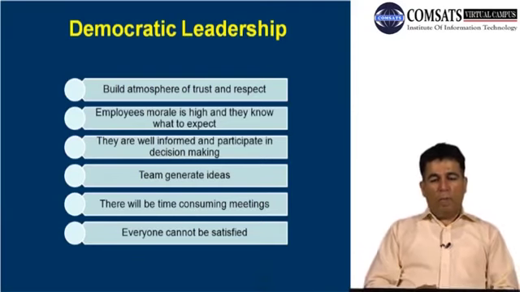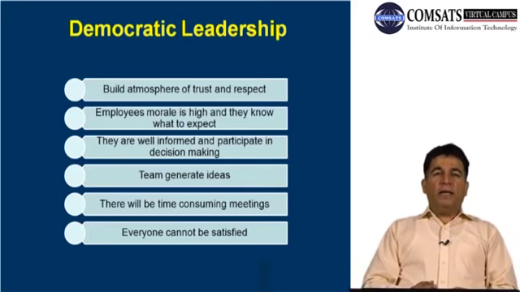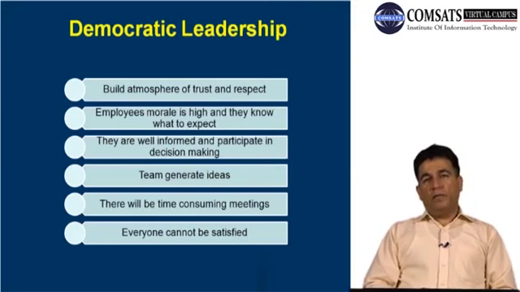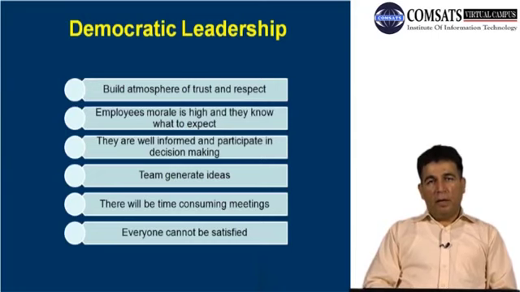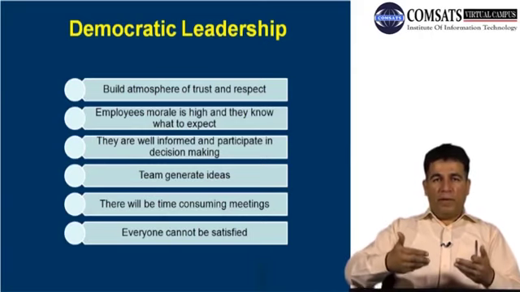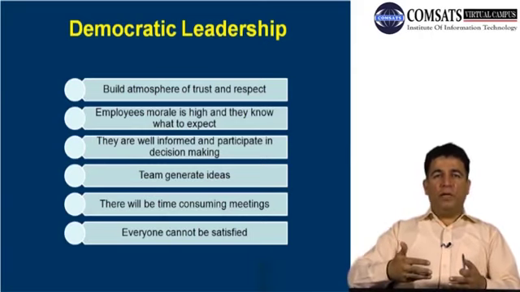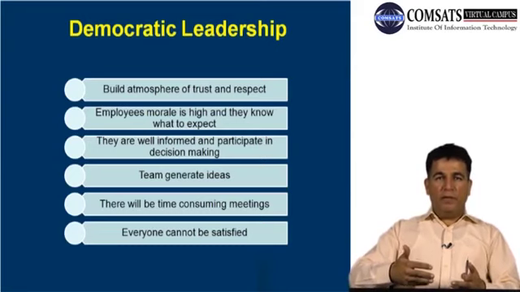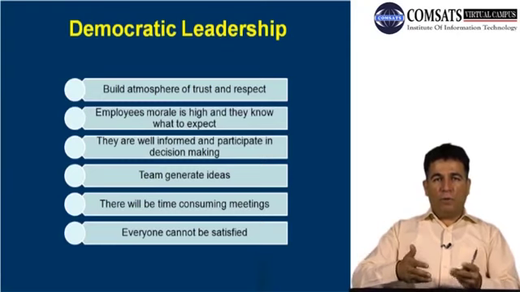And then the next feature of democratic leadership style is that everyone cannot be satisfied. This is another drawback of this leadership style, that it is really very difficult because you cannot satisfy everybody. If you expect that everybody will be satisfied with the result of democratic leadership, of course that is not possible.